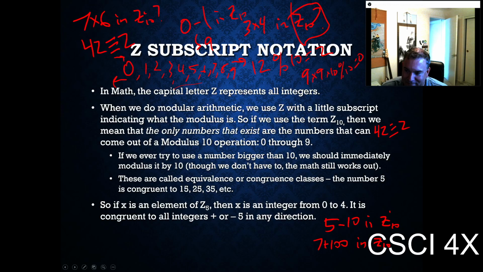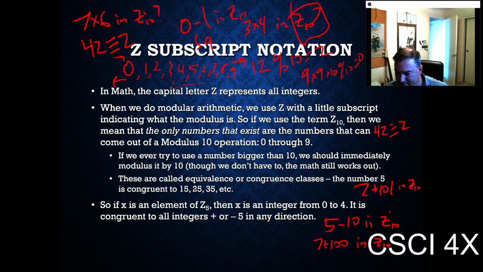All right, let's make it a little harder. 2 plus 101 in Z10. Kicking up the difficulty here. Yeah, it's 3.